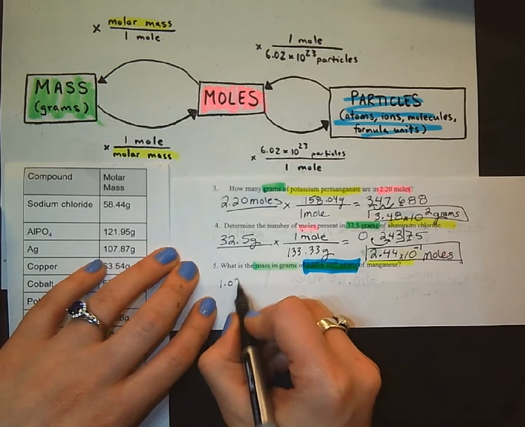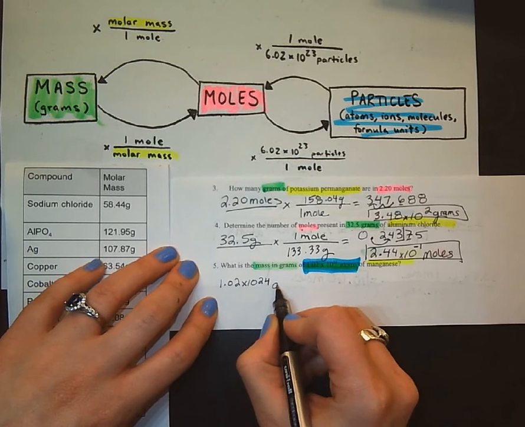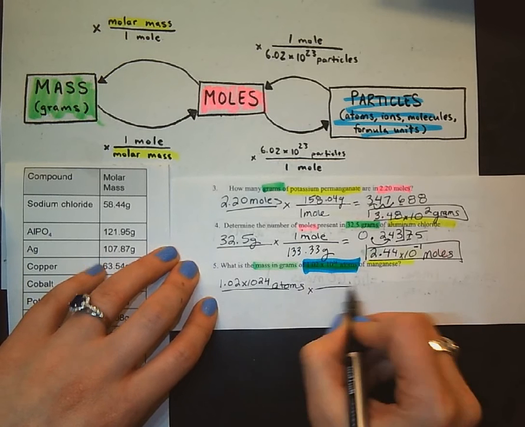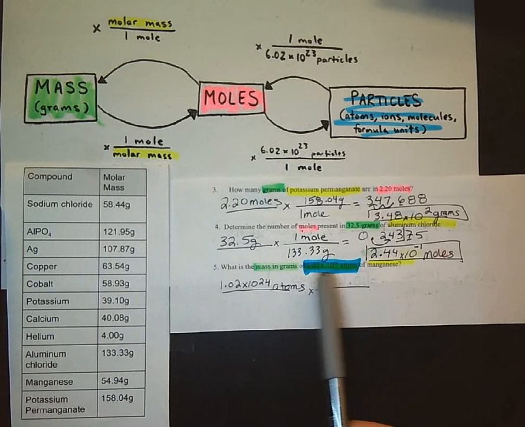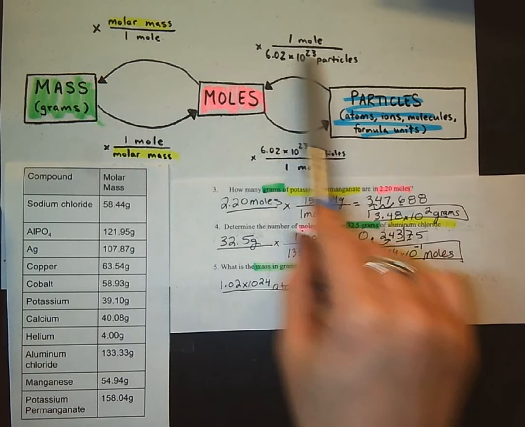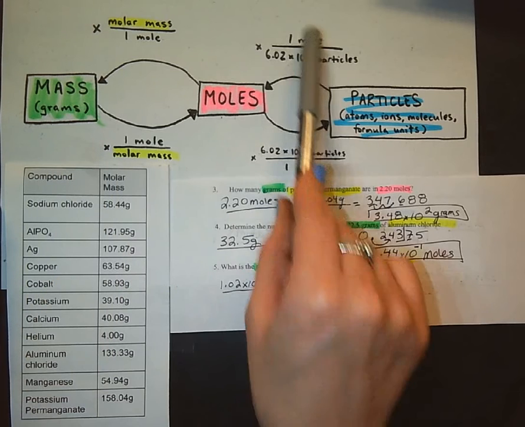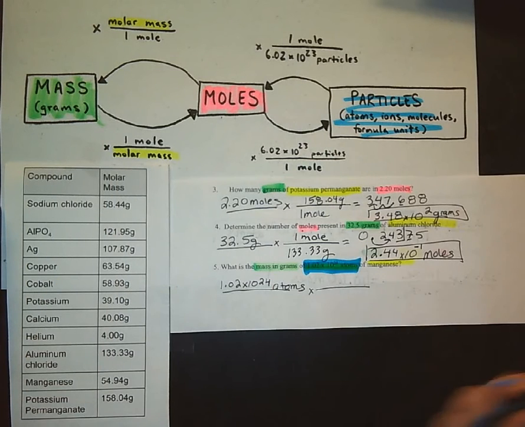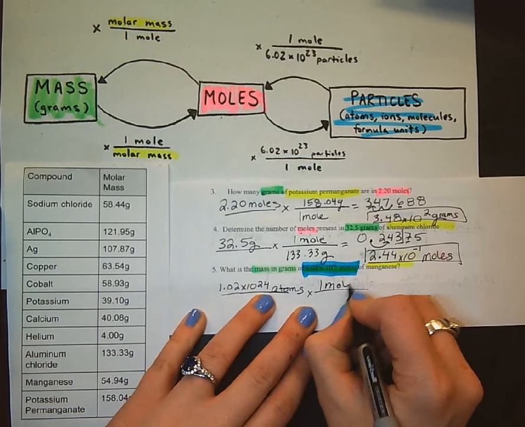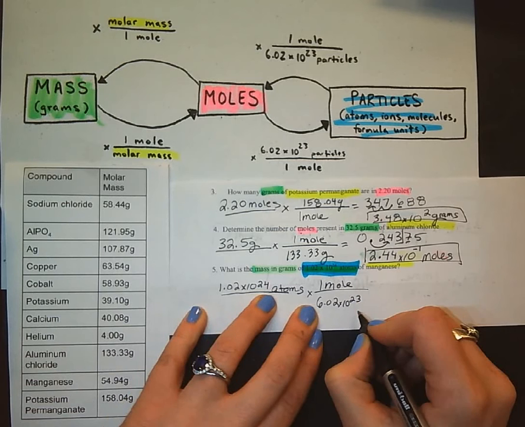1.02 times 10 to the 24th power of atoms. And I want to go from atoms all the way back to grams. So from particles in blue, follow the arrow, 1 step, 2 step, back to mass. So this first equation we're going to use is up here, and you don't have to do anything to it. 1 mole over 6.02 times 10 to the 23rd particles.